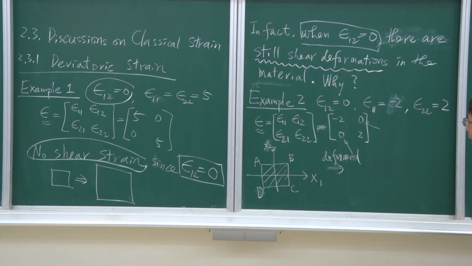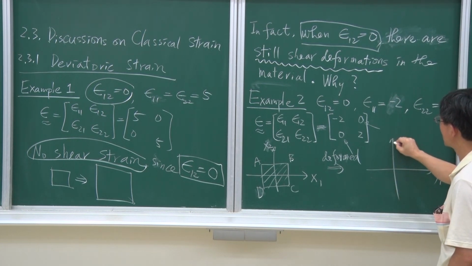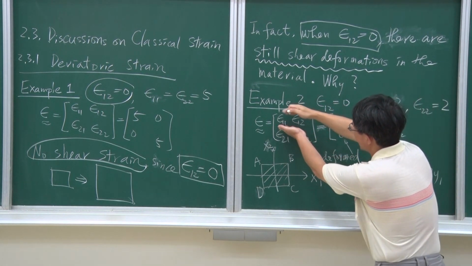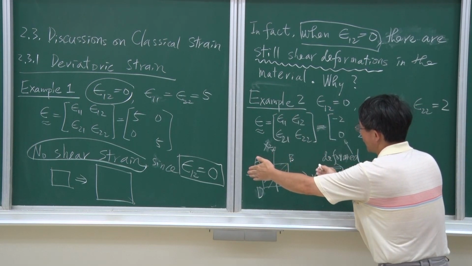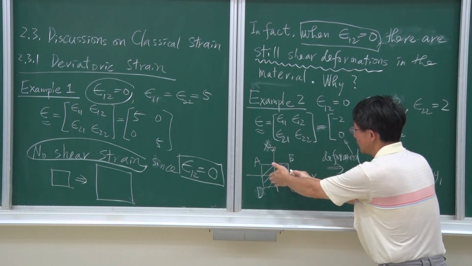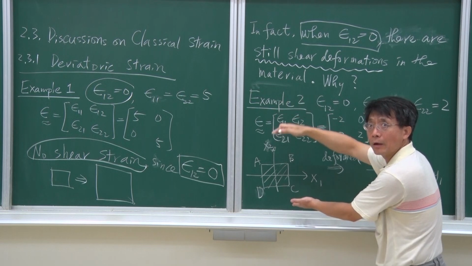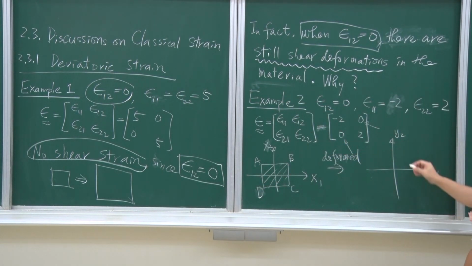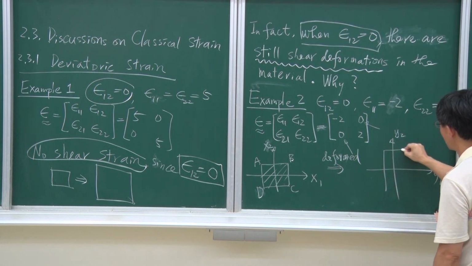Because see here, epsilon 1,1 is negative, which means that in the x1 direction it contracts, and in the y direction it extends. So we will end up with a result like this, approximately.